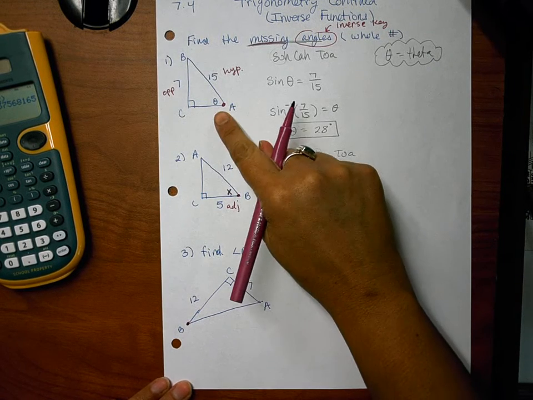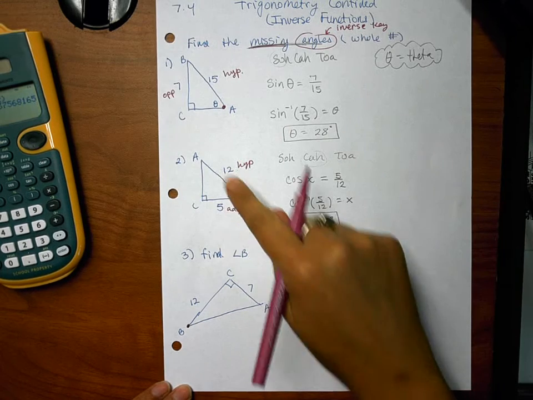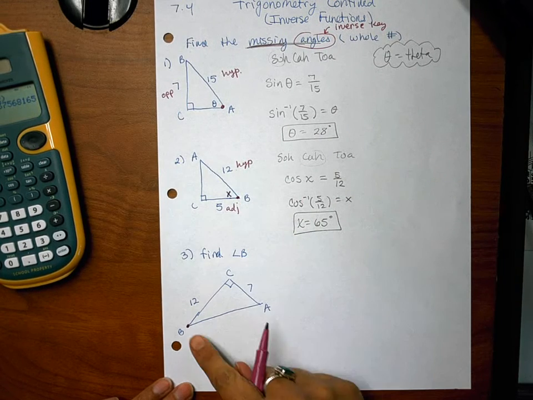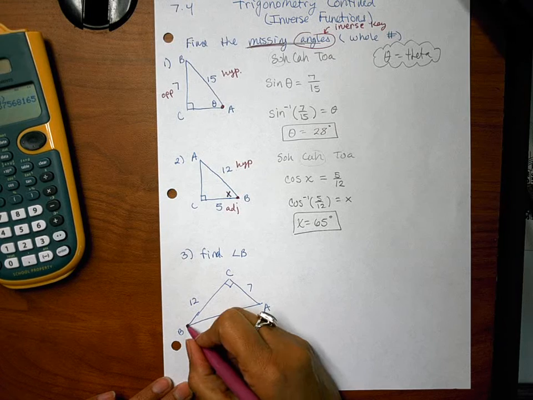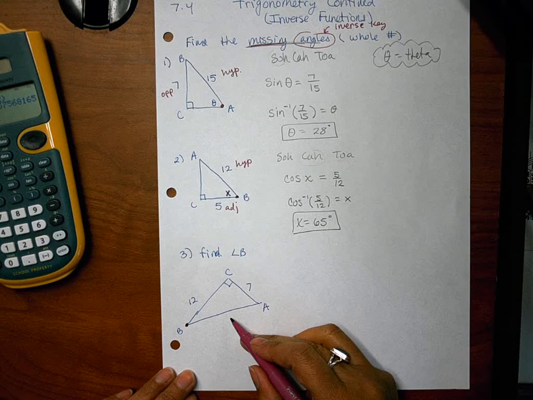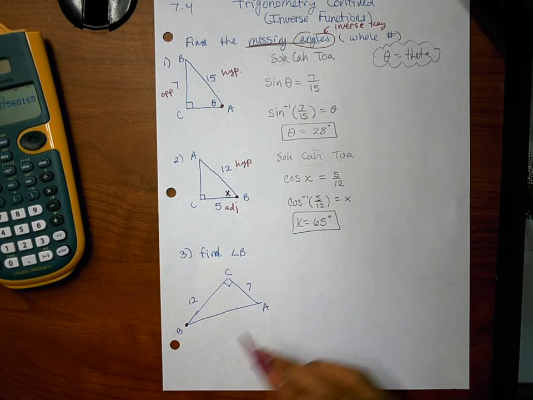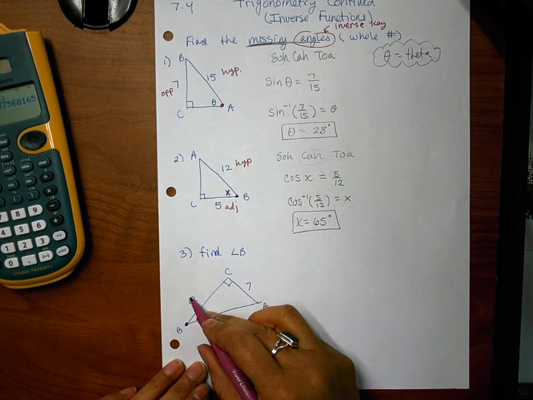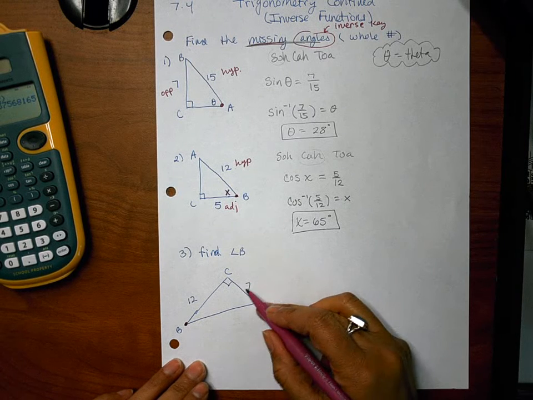Find angle B. Always first thing you're going to do is put your marking at the angle they're asking you to find. Here it was theta, which was in corner A. Here it was X, which was in corner B. And here they're specifically telling us to put it in corner B. In reference to B, okay, first off, opposite C is the hypotenuse. If there's nothing there, I'm not going to label it.